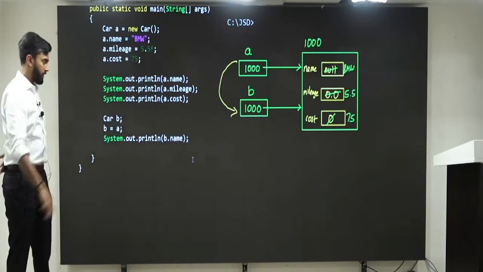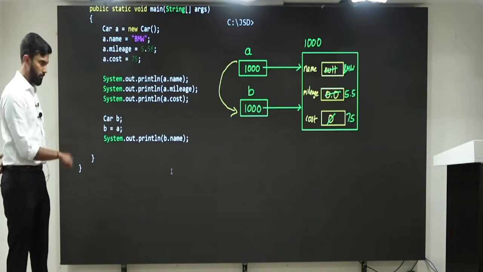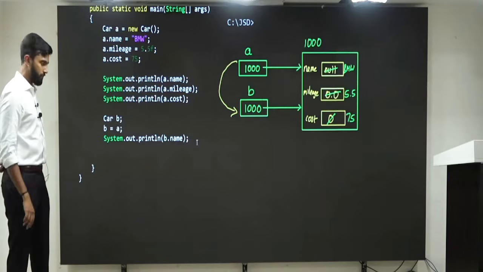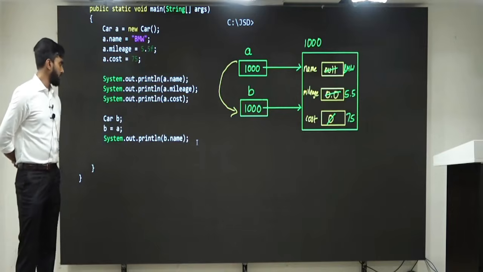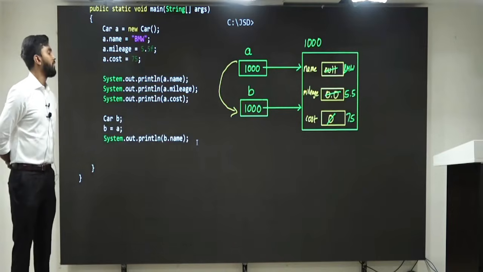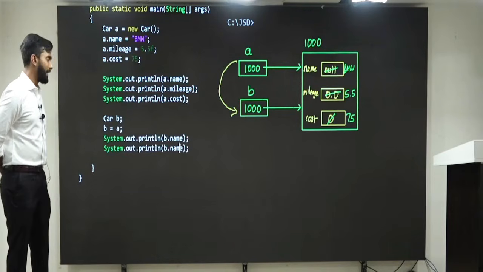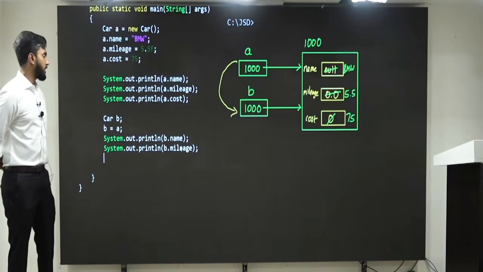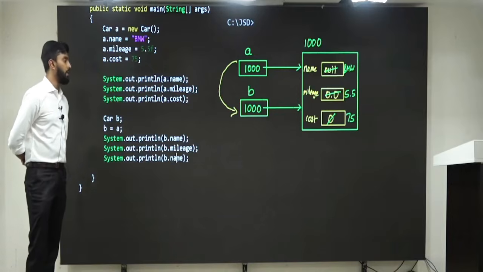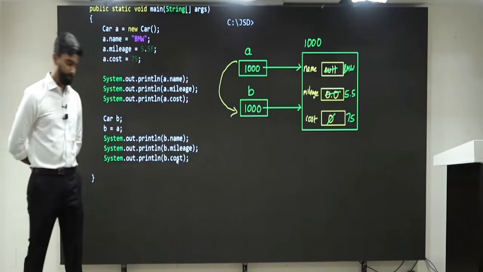I will now just paste it again. I will tell B dot mileage. B, not A. Next, I will tell system.out.println B dot cost. Correct?